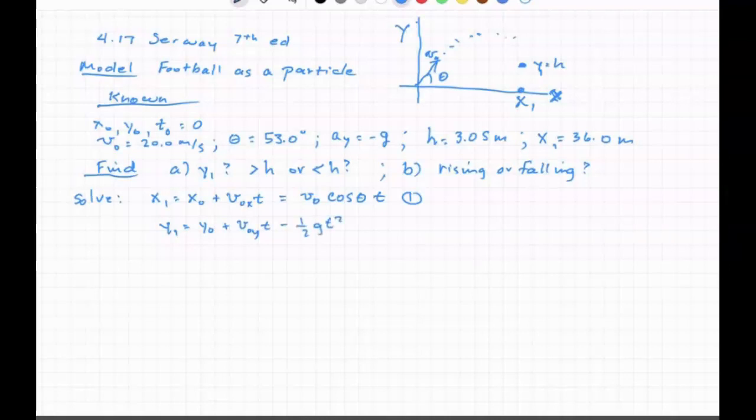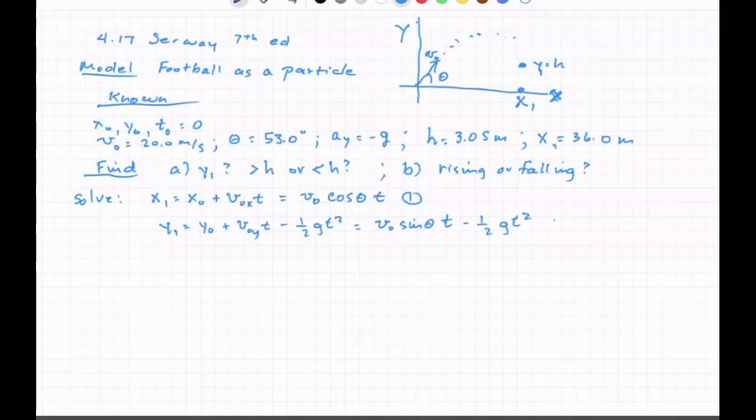And we know that y sub 0 is 0, and v sub 0y is equal to v sub 0 sine theta, multiplied times the time, minus 1/2 gt squared.